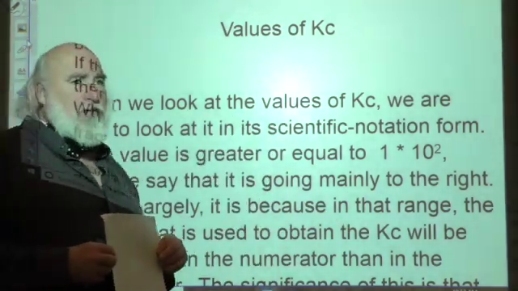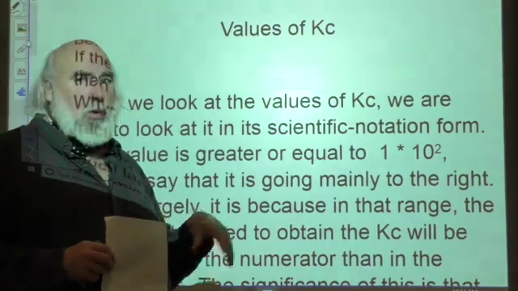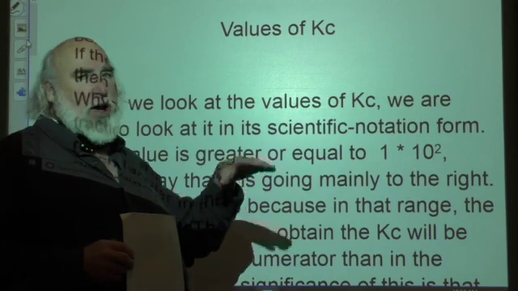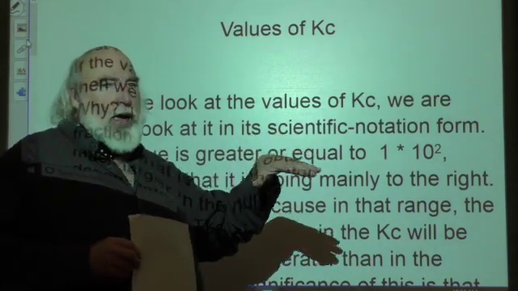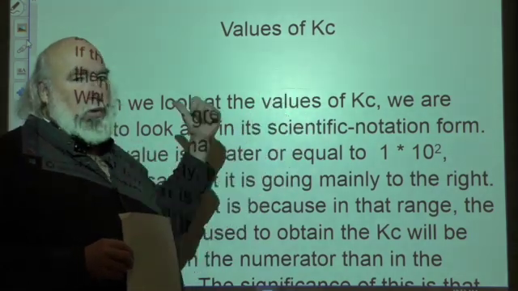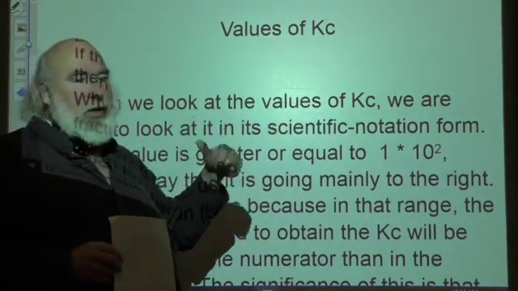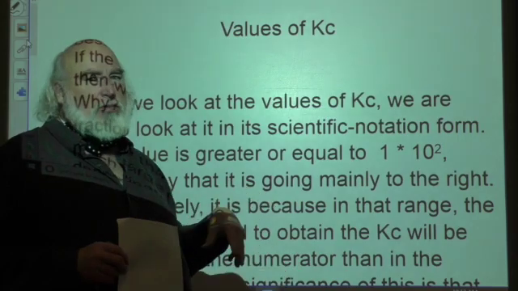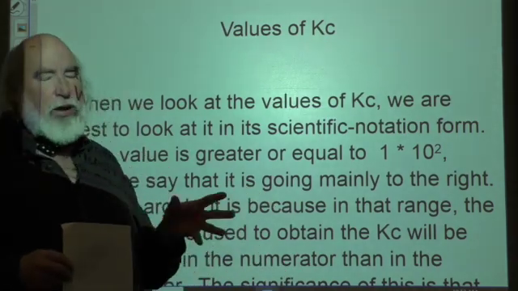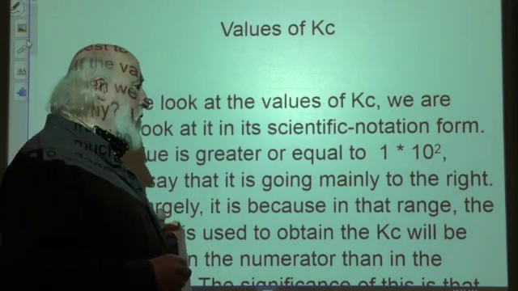If your value of K is really low, like 10 to the negative 12th or something, that means you have more reactants than you have products, which means the reaction is going towards the reactants, which is towards the left. So very small values mean the reaction is going mainly to the left, a little bit on the right, but mainly to the left.